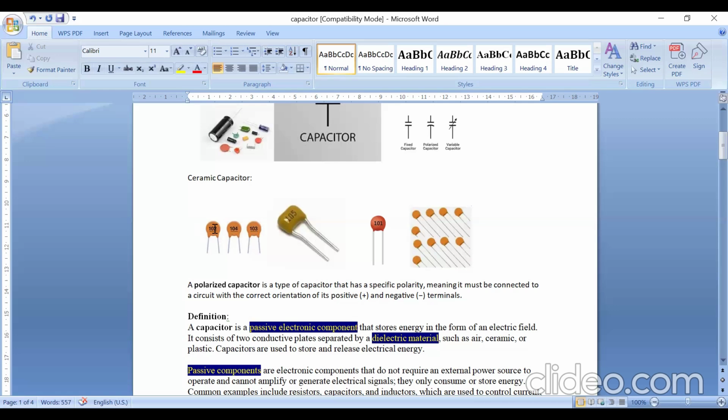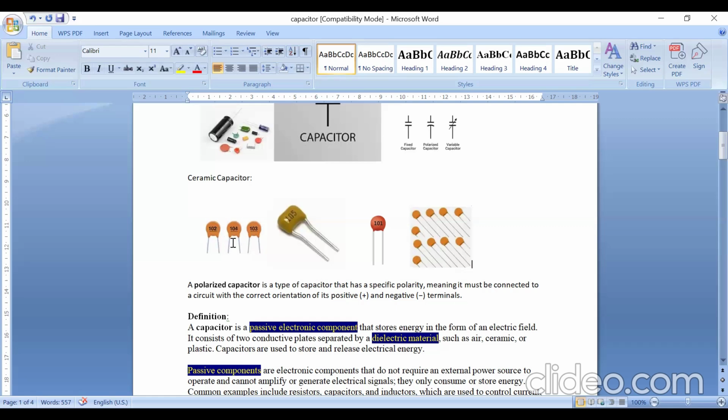If the number 33 is printed on the capacitor, then its value is 33 picofarad.